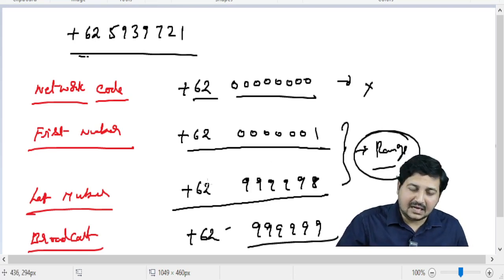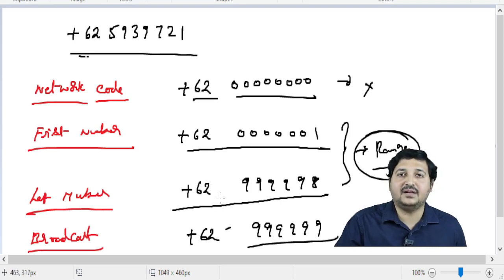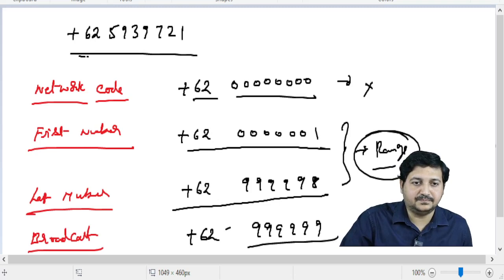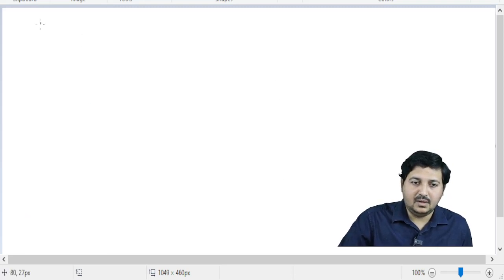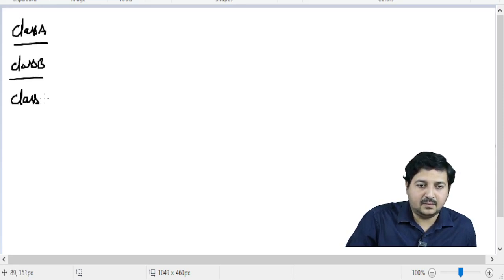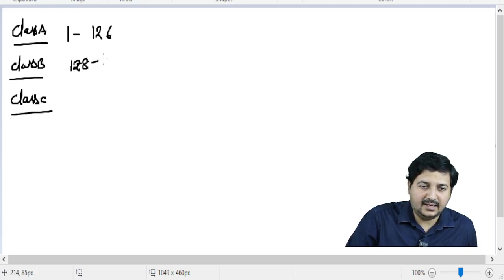Now shall we go ahead and have a look at how to find these things in terms of an IP address? Let me write it here. Class A, class B, and class C. Class A, what is the network range? 1 to 126, then 128 to 191, then 192 to 223.